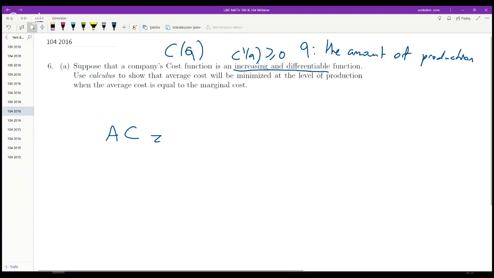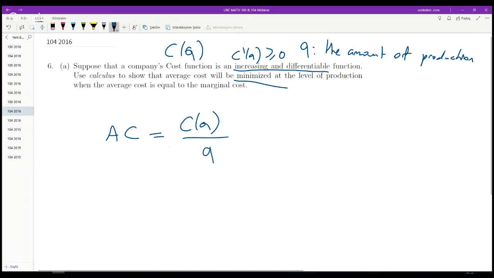And that's the next finding. So then we need to think about the average cost. What's the average cost? It is cost function divided by Q. So for example, if we produce 10 units of output and our cost is, let's say, 300, then the average cost is 30. What do I do to minimize the average cost?